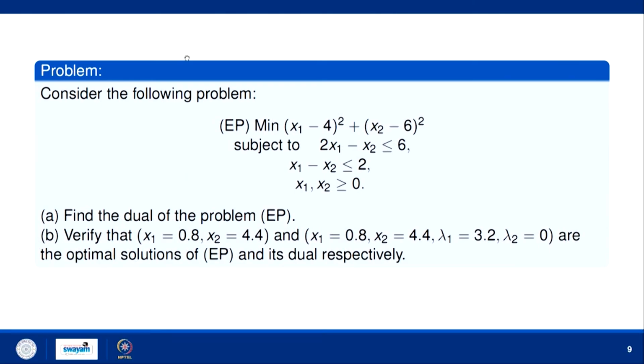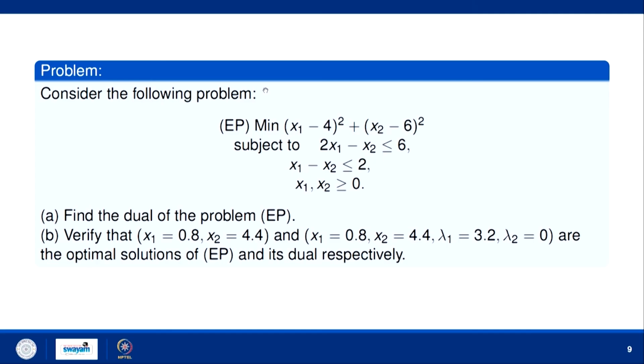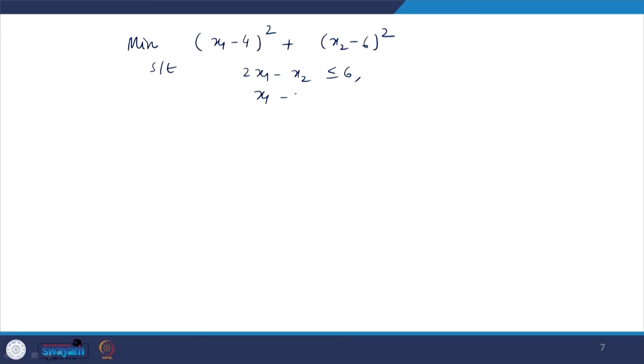The first equation is 2x1 minus x2 less than or equal to 6, and x1 minus x2 less than or equal to 2, and x1, x2 non-negative. So, this is the primal problem.